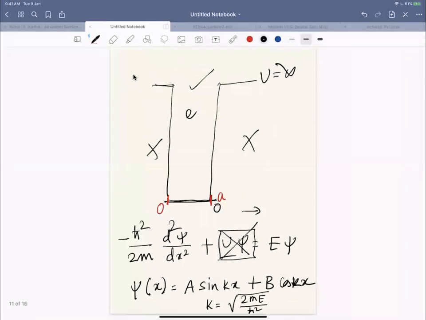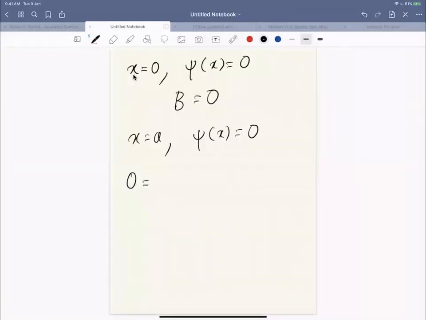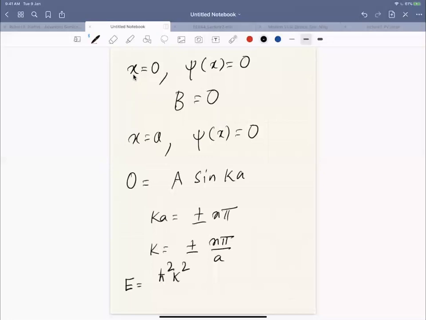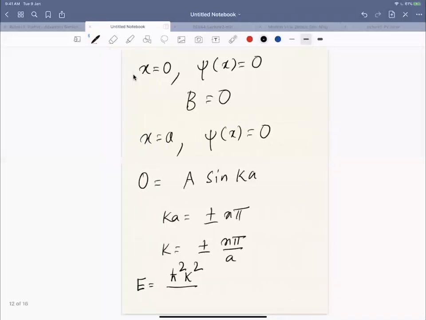So if you do that, then 0 equal to a sine ka, and ka is nothing but plus minus n pi. So your k is nothing but n pi by a. Then if you take your energy, which is h bar square k square by 2m.